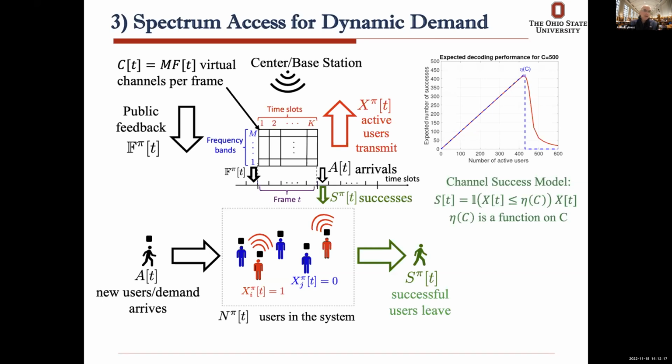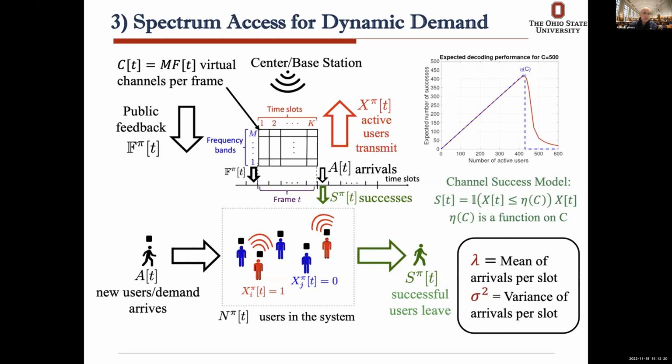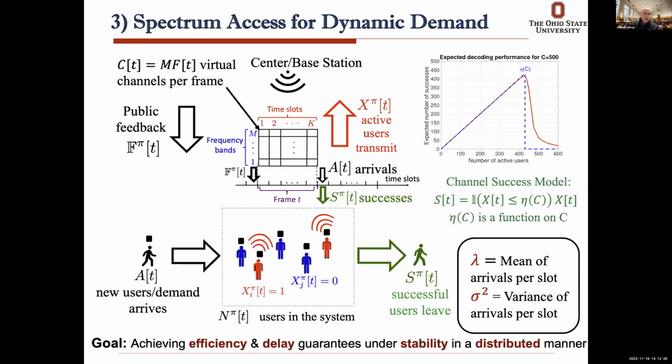These new users, A, are random, with a mean of lambda and a variance of sigma squared in every time slot. So the question is, how do we operate this system? How do we determine the feedback mechanism as well as the activation mechanism to keep the system running efficiently?